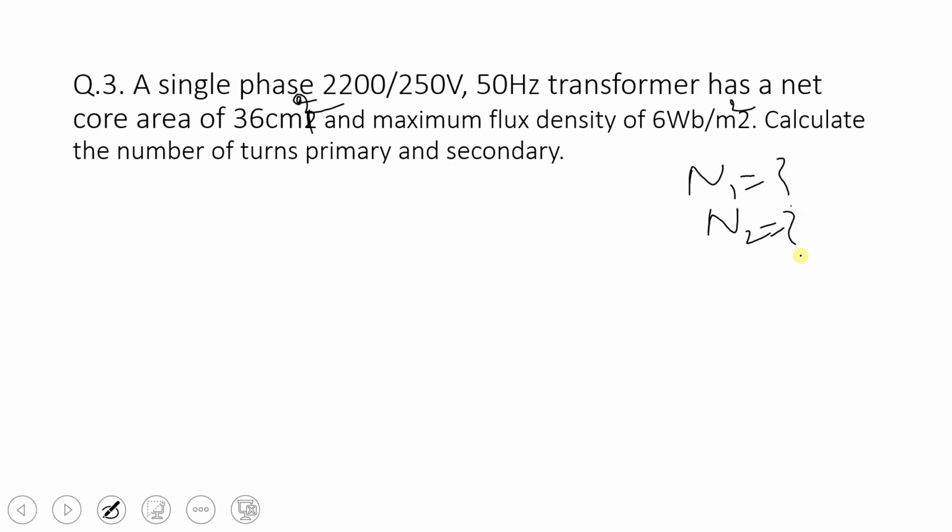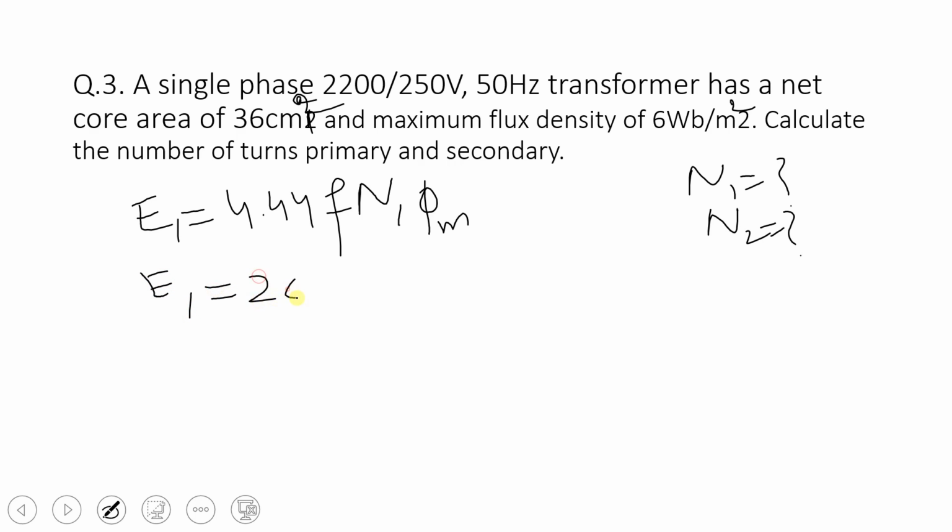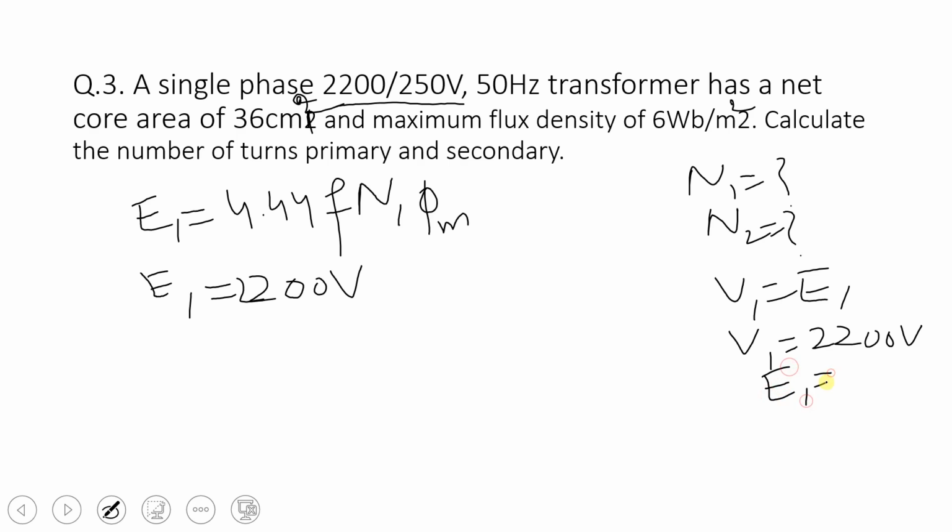For this, we know that E1 is equal to 4.44 f N1 phi m, and we know the value of E1. E1 is 2200 volt, because this value is given to us. V1 is equal to E1, and V1 is equal to 2200 volt.